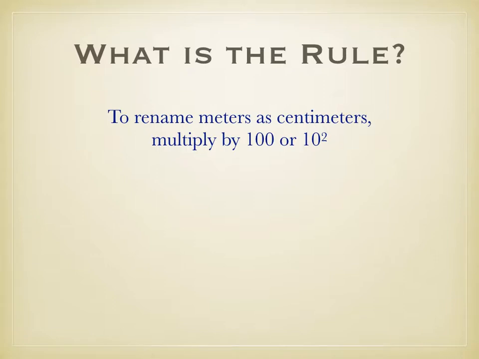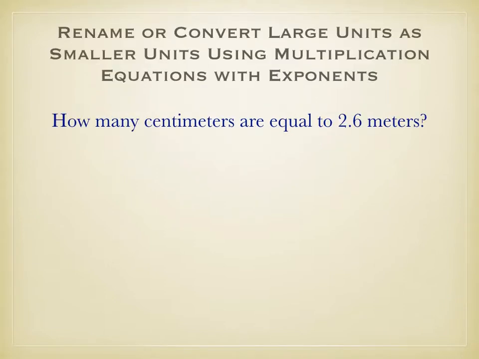So now, knowing that rule, how many centimeters are equal to 2 6/10 meters? This is a little tricky because it's 6/10 of a meter. We need to work in hundredths. So it's 2 meters, the 2, and 60 centimeters, because we could put a 0 behind there.